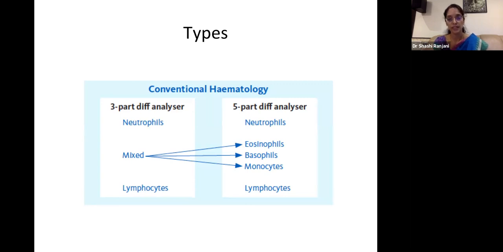But then came the 5-part analyzer, which means that this mixed population was further subdivided into eosinophils, basophils, and monocytes. So the major difference in principle is that the 3-part analyzer uses only the impedance technique, whereas the 5-part analyzer uses more advanced principles like flow cytometry, and that's the reason it's able to give the difference between an eosinophil, basophil, and a monocyte.